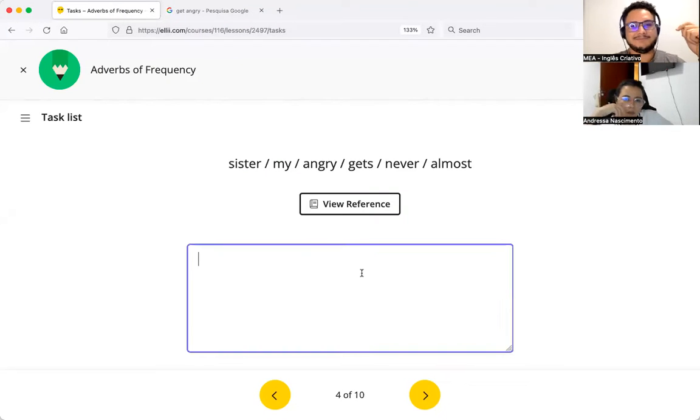Now complete. My sister almost gets angry. Yes, and the rest of the verb. My sister almost never gets angry. Good. Your sentence, dear, with almost never.